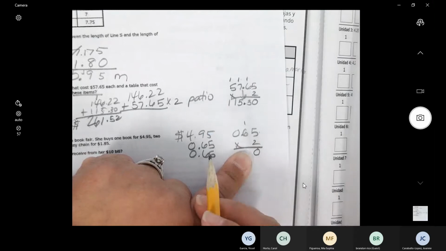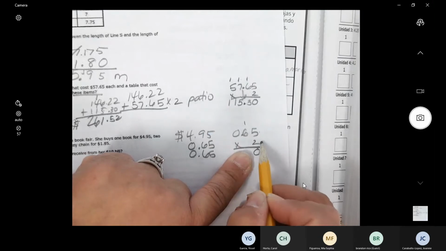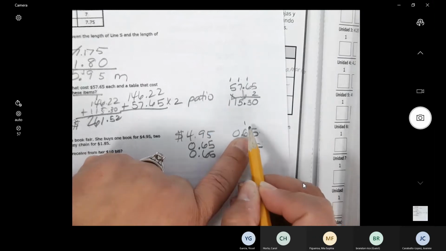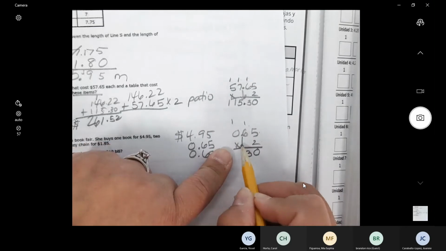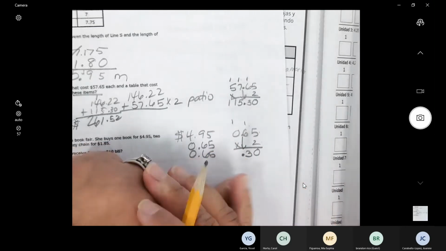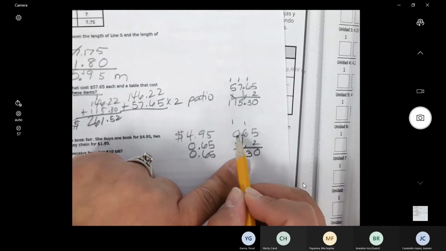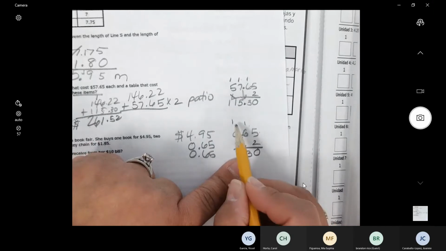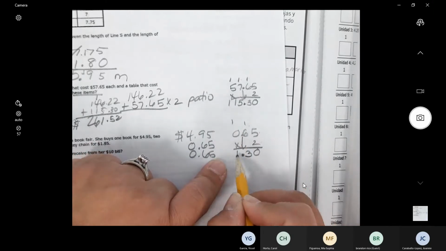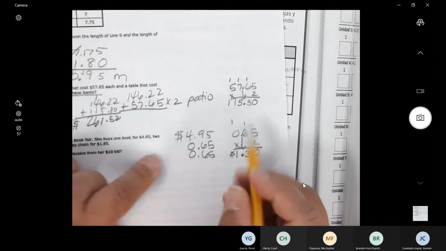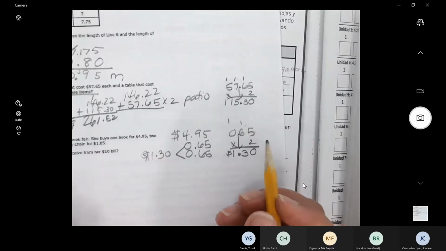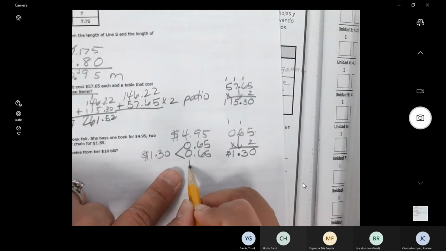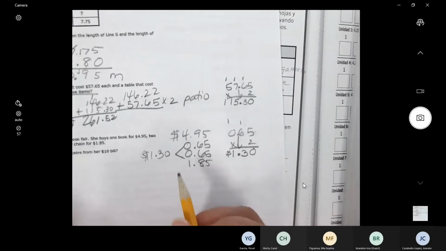I carry my 1, right? 2 times 6 is 12 plus the 1. That's 13. Carry my 1. I see a decimal here. Going to bring down my decimal point. 2 times 0 is 0 plus 1. That is 1. So the total for this is $1.30. Okay?